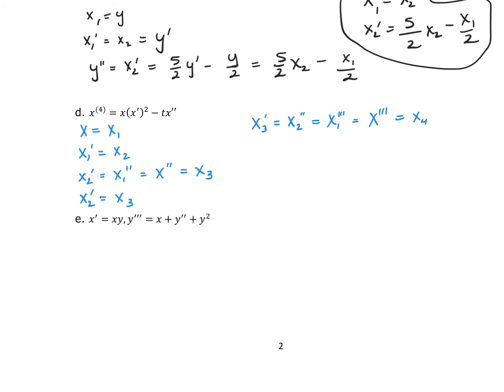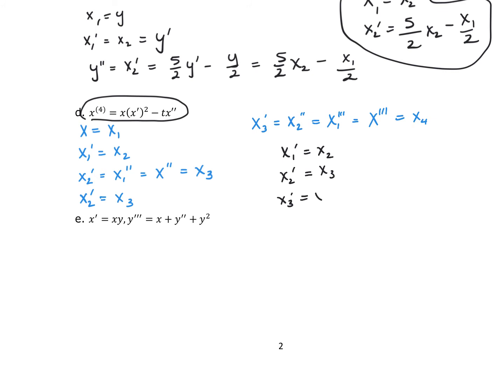So my first equation is x sub 1 prime is equal to x sub 2. x sub 2 prime, which is equal to x sub 3, x sub 3 prime, which is equal to x sub 4. And the way I find that is I come back up here and I say, wait, let's go ahead and do these replacements.